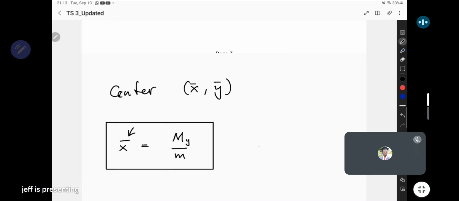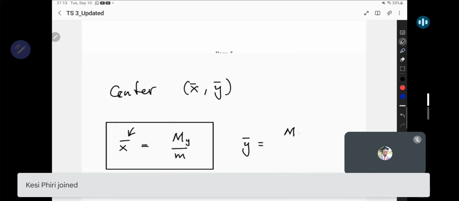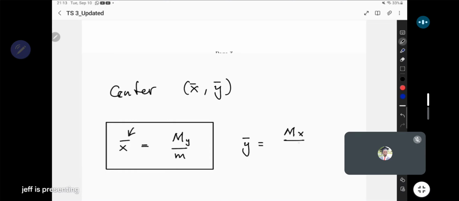And then next up, if you're trying to get the y coordinate here, it's going to be similar, but now it's going to be the moment about the x-axis, and then over the total mass of the system m. So basically, this is what we're going to go with in terms of working out these problems.